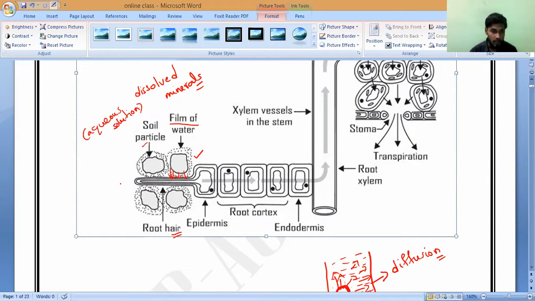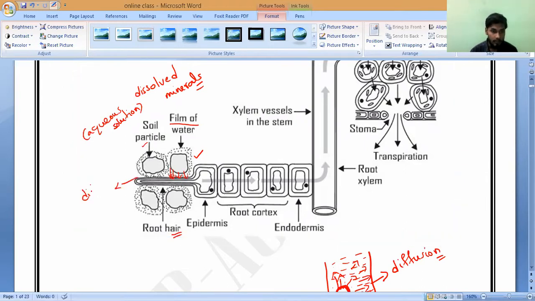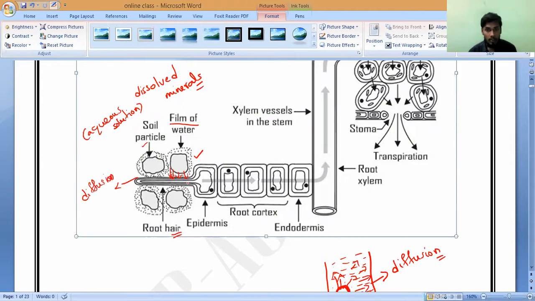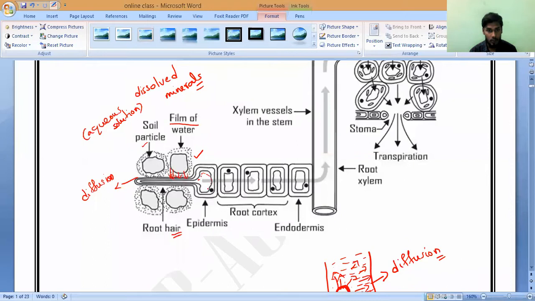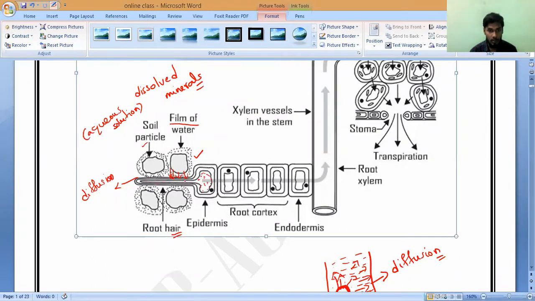Do you understand, all of you? It enters the root hair by diffusion. Until here it is all root hair. Now it has been absorbed by the root hair.